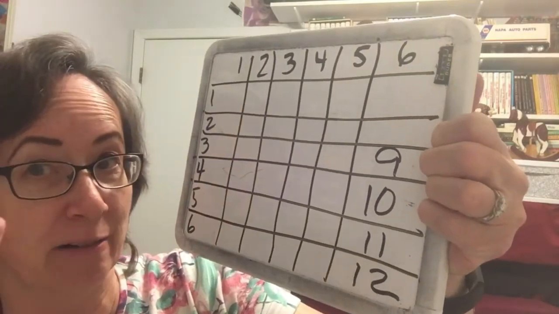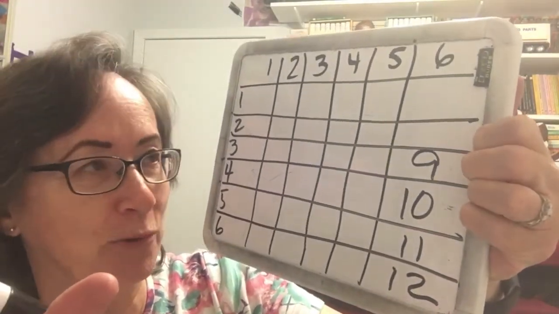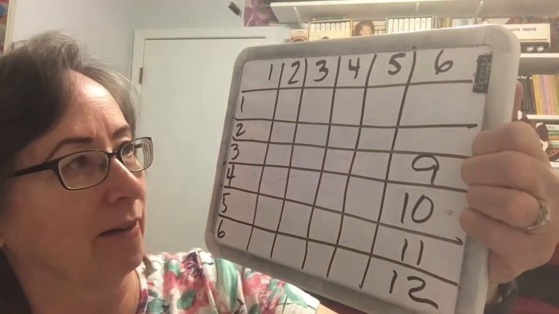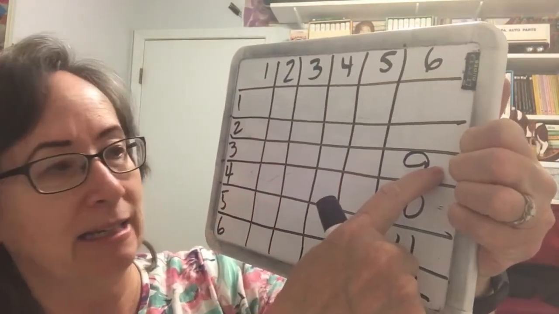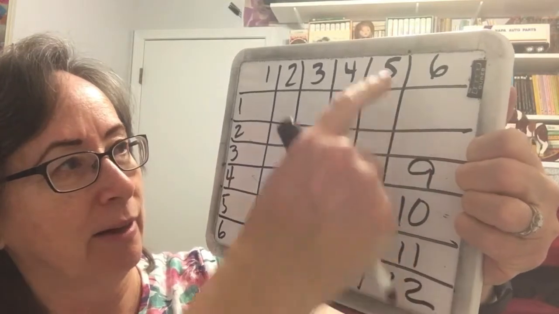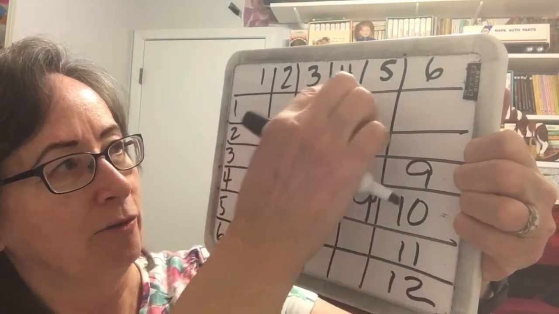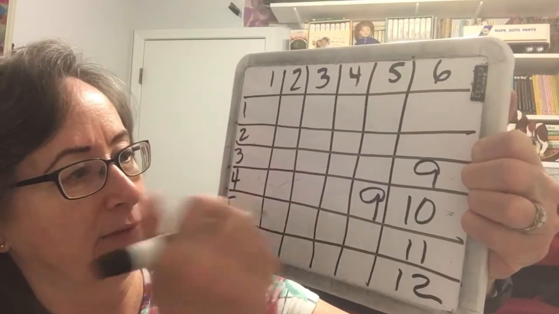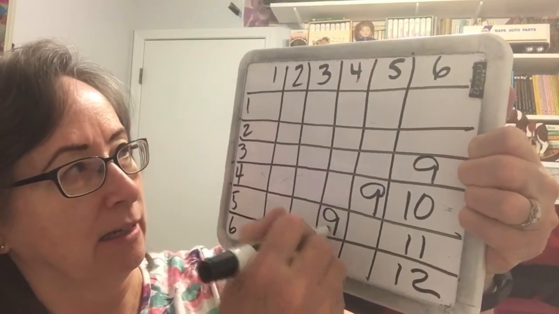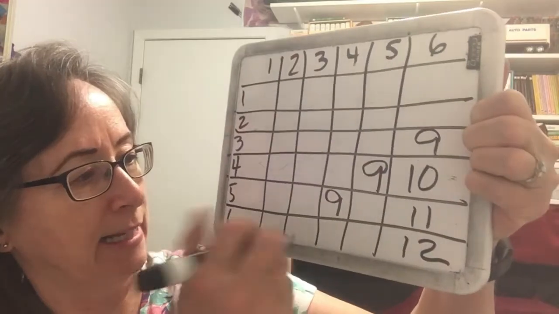Our event that we're looking for is greater than 8, so 9 is the lowest we can go. 5 and 4 is 9, 4 and 5 is 9, 3 and 6 is 9.